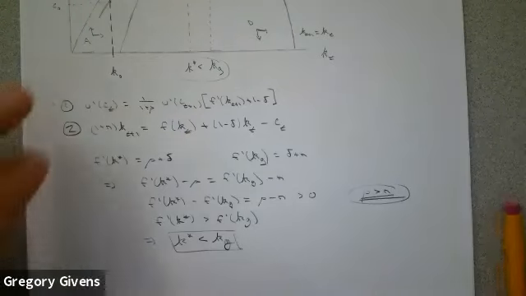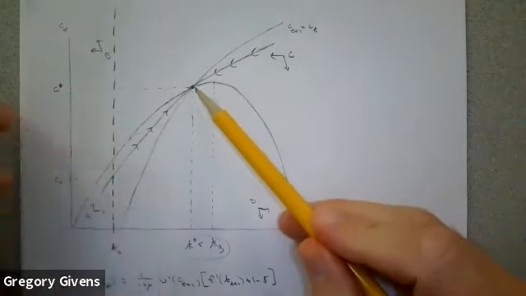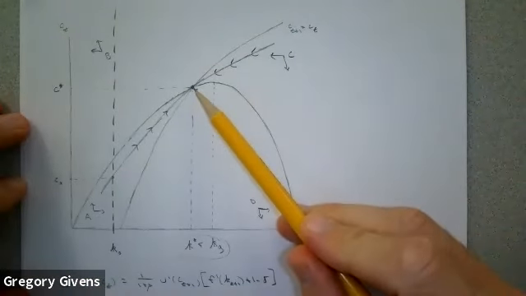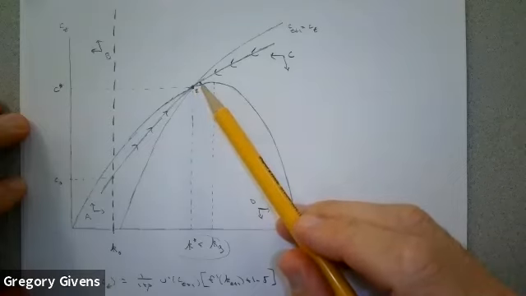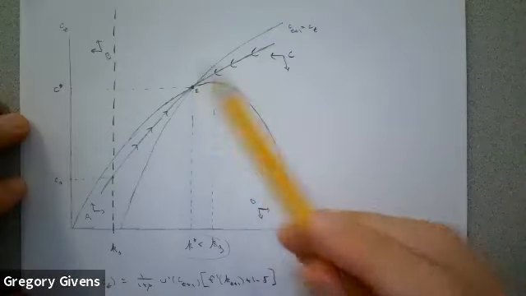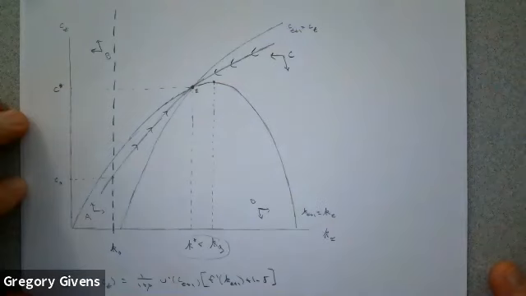Okay? Think about this. Imagine, Ben, we were at point E, and the representative household says, I want to get to a point where we have permanently higher consumption forever. That is, I want to go from this point to this point. In order to get there, you would have to increase the capital stock, right?